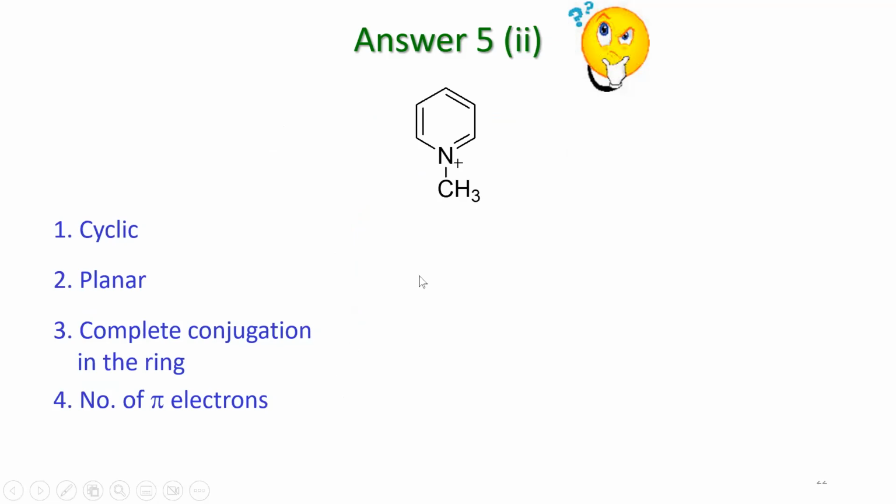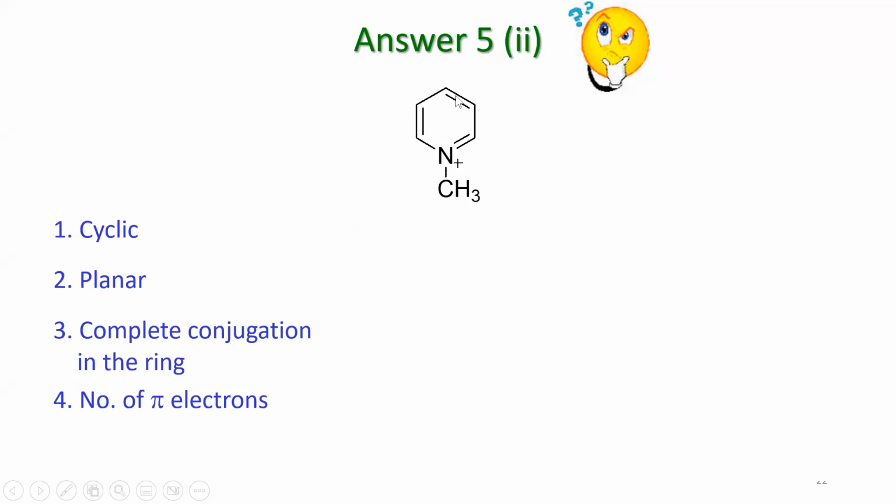Okay. So the next one, the structure. True, it has a cycle, 5 carbon atoms and 1 nitrogen atom, but there are no lone pairs of electrons because it has a positive charge.